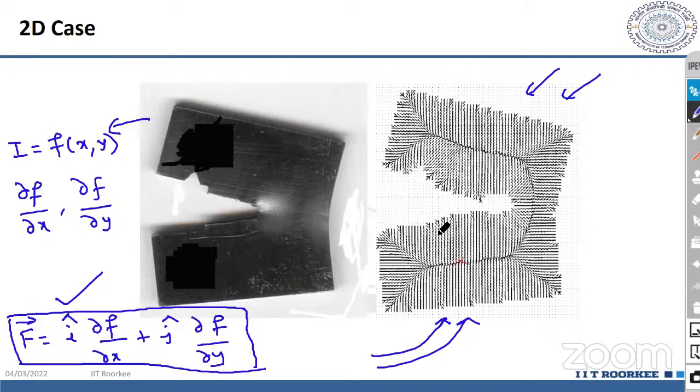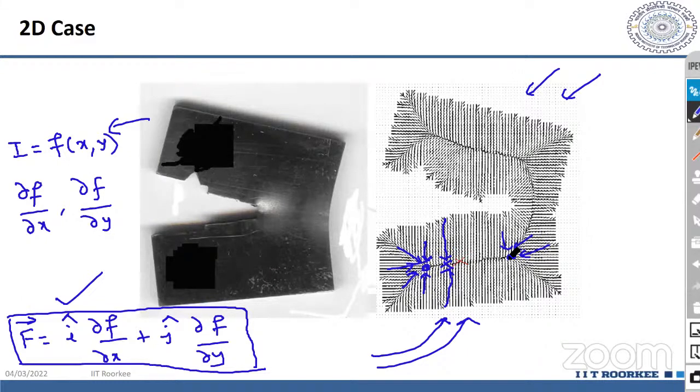Here you can see the vectors from this direction and vectors from this direction will converge at some point. For example, at this point there are five different directions: a vector from this direction, from the second direction, the third, the fourth, and several directions. Similarly, at this point, vectors are converging from several directions.